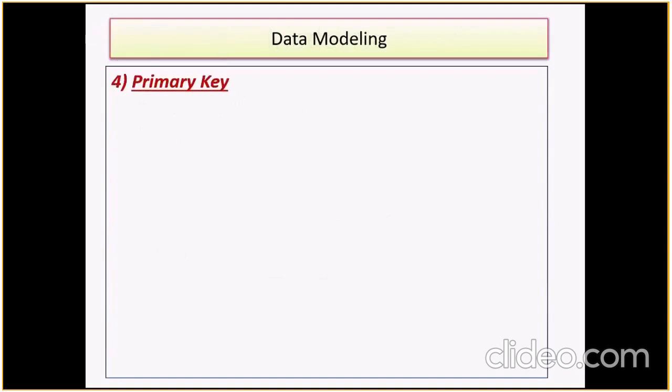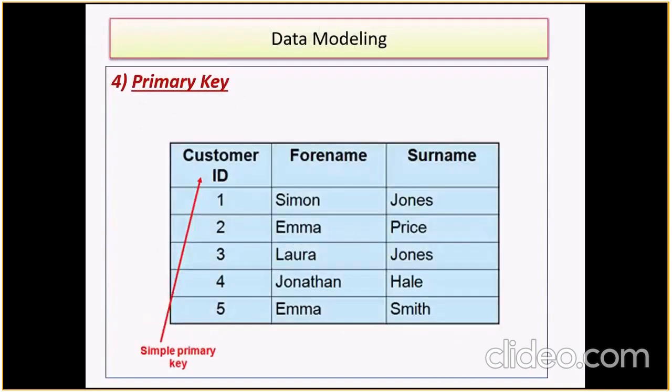Primary key. Very simple definition. A key in a table or for an entity by which we uniquely identify that entity. So for me, customer ID 1 is how I identify that particular customer.